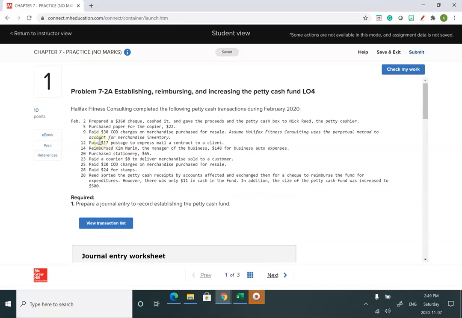The next one, it says paid $38 COD charges on merchandise purchased for resale. Assume Halifax Fitness Consulting uses the perpetual method to account for merchandise inventory. So I know I'm going to put that as part of the inventory account.